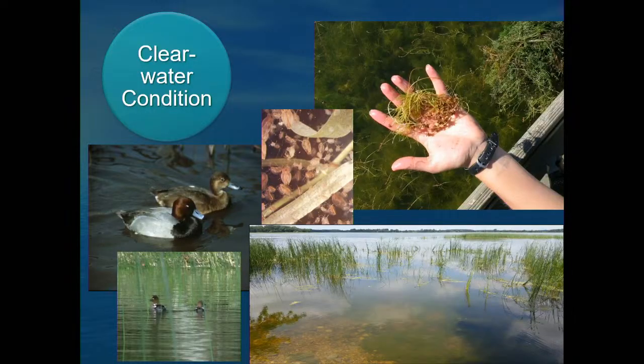It doesn't take a lot of energy to push them one way or another, but to push them back from turbid to clear, you got to put way more energy. You spend more money than you get back to flip it back.